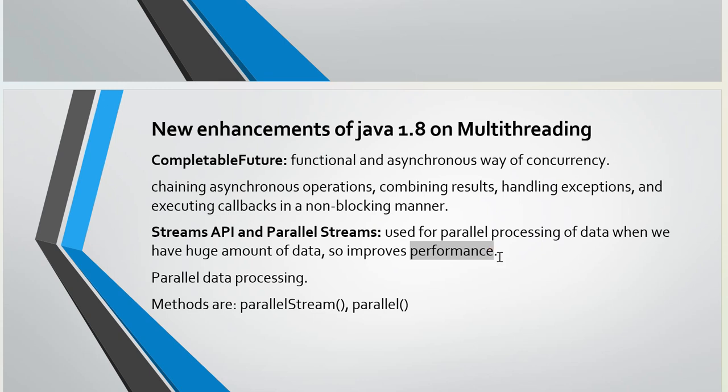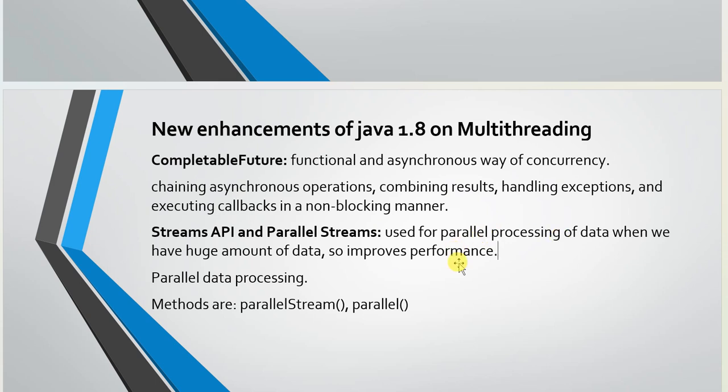As I said, if we have a small amount of data, then there is no use of multi-threading, as the time will be less anyway. But when we are going to process a huge amount of data, the time is a concern. So to reduce the processing time, we are using this.